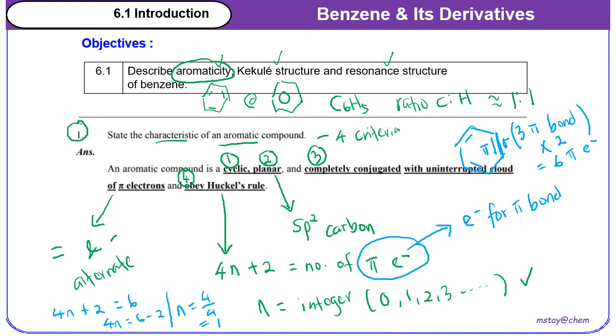Therefore, we know that benzene fulfills all 4 requirements: it is cyclic, planar because it consists of sp2 carbons, and completely conjugated, which means double and single bonds alternate with each other, and it obeys Huckel's rule, using the formula 4n plus 2 equals the number of pi electrons, and then determining the value of n. When it is an integer, it means that it fulfills Huckel's rule.